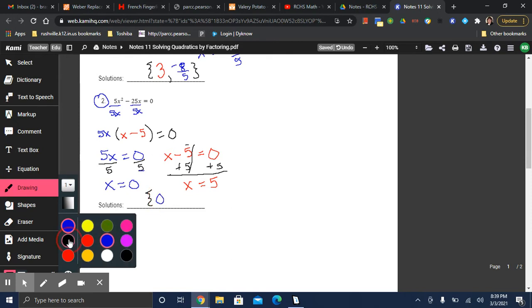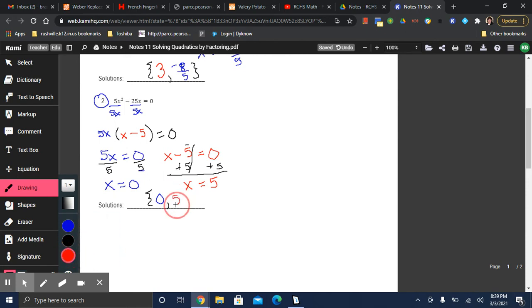So 0 is one of those solutions, and 5 is the other. So 0 and 5 are my 2 solutions to this quadratic equation. So notice that it did not start with parentheses. I had to do my factoring, which in this case was to divide out a greatest common factor in order to create the parentheses.